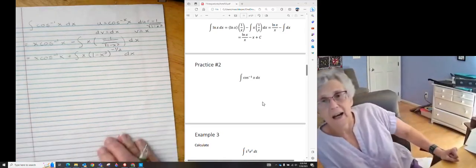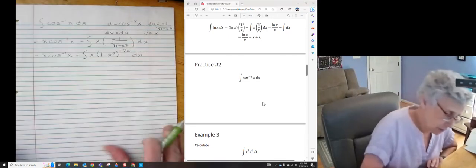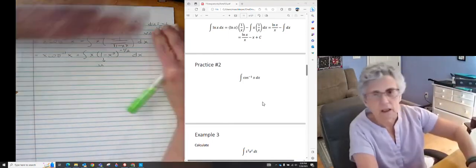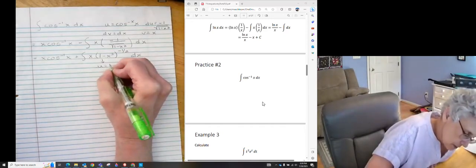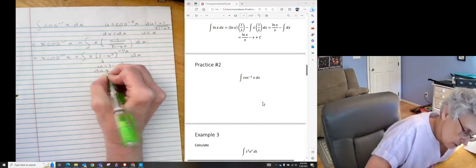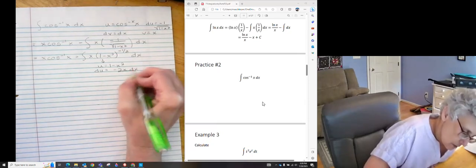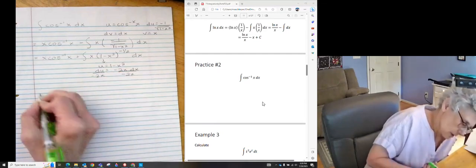Now, I have a brand new u because I have to u-substitute in order to do this piece, not at all related to that u. u is equal to 1 minus x squared. du is negative 2x dx, so dx is du over negative 2x.